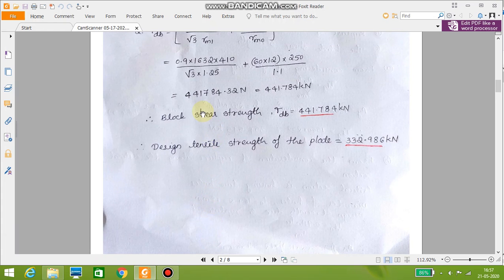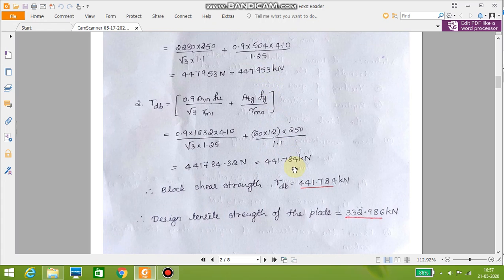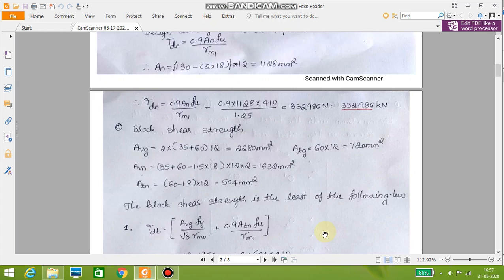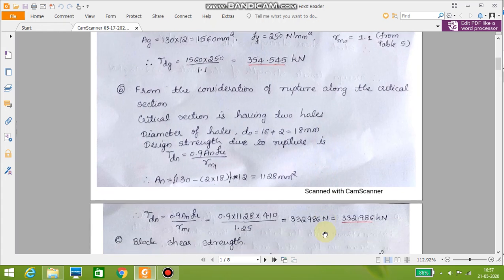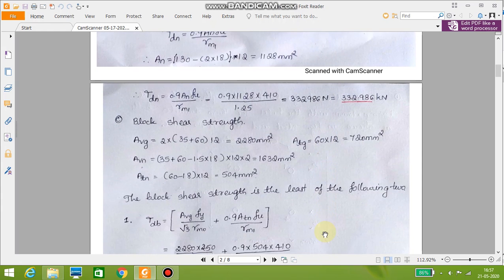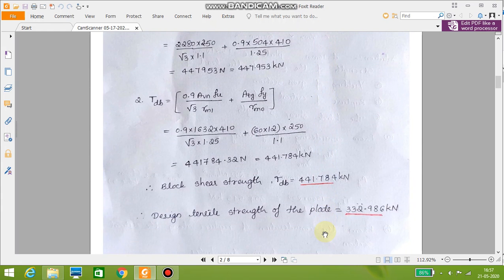Therefore block shear strength is the smaller of these two, 441.784, and the design tensile strength of the plate is the least of all four values, 332.986, which comes from the consideration of rupture of the critical section.